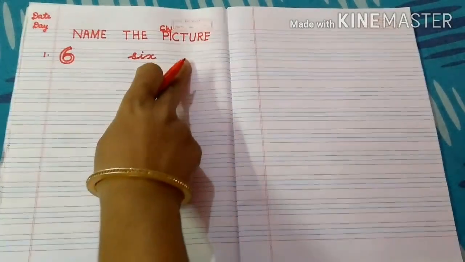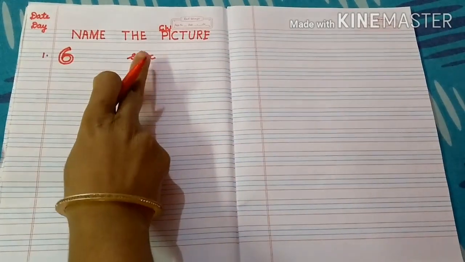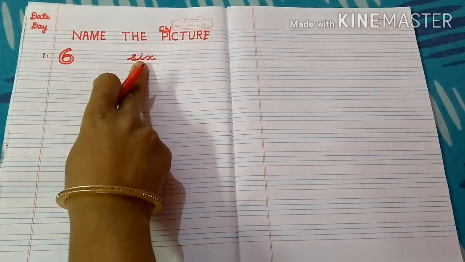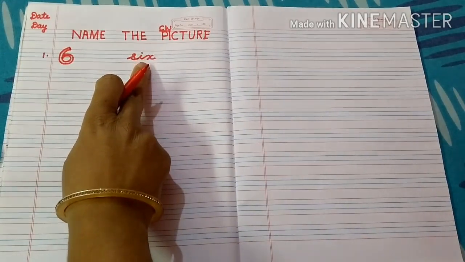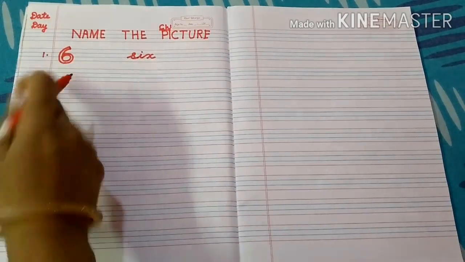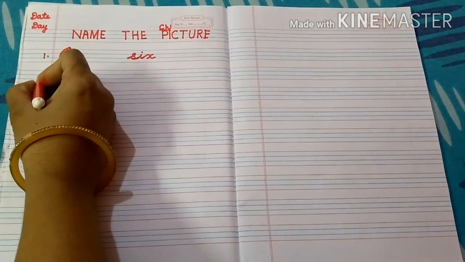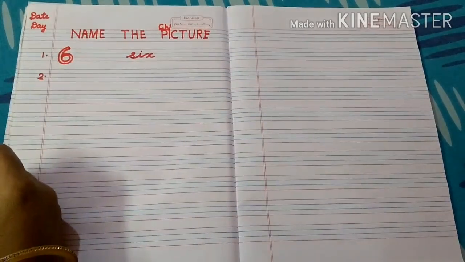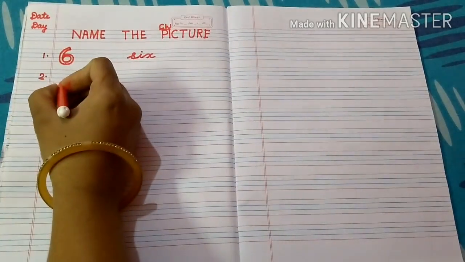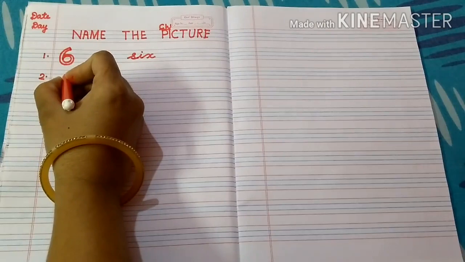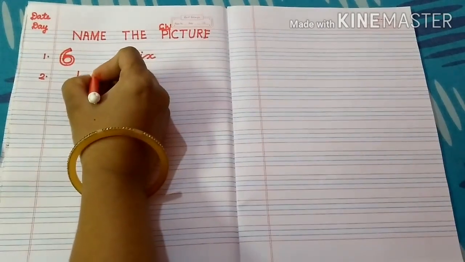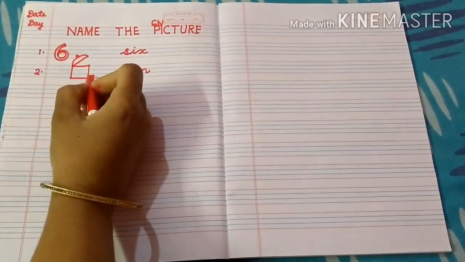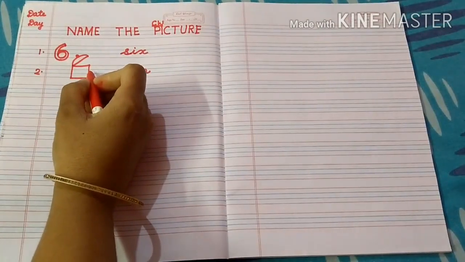And don't forget to join the alphabets, otherwise it will be wrong. We are learning here how to join the alphabets. 2 number. Next picture we are going to make. Next picture that we have made is a bin.